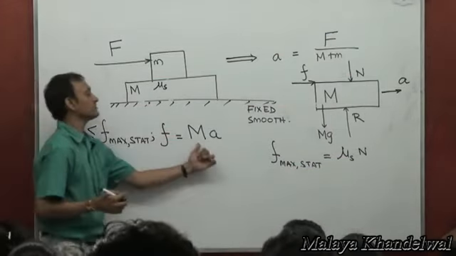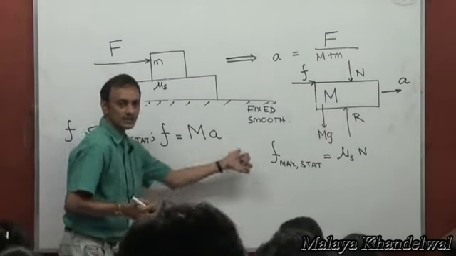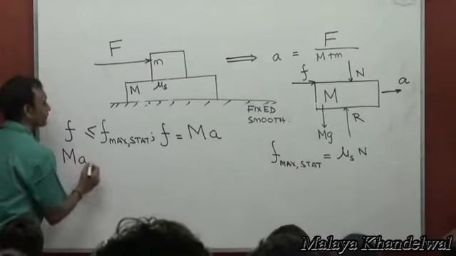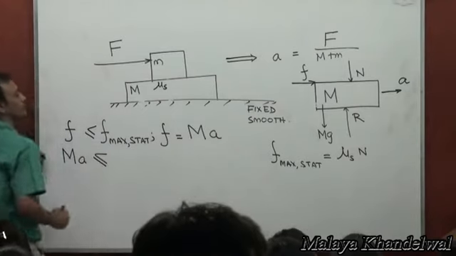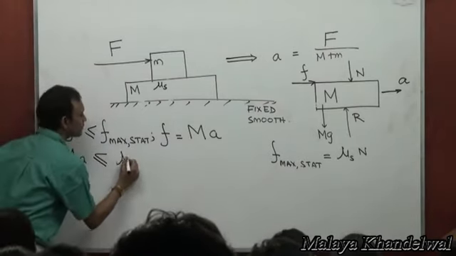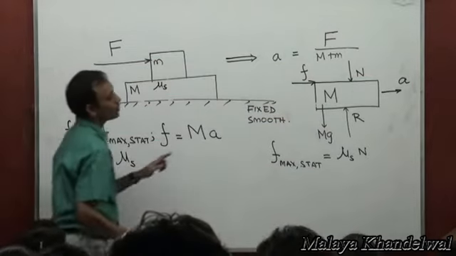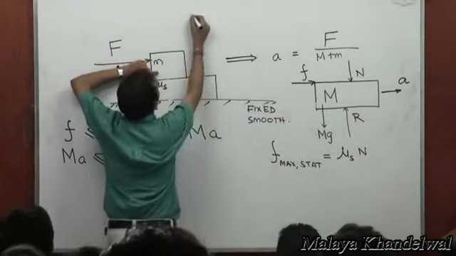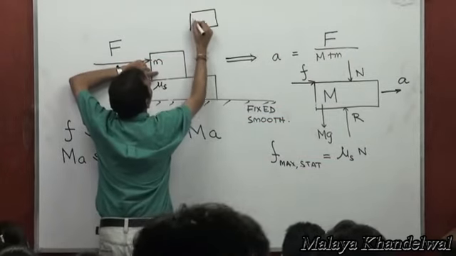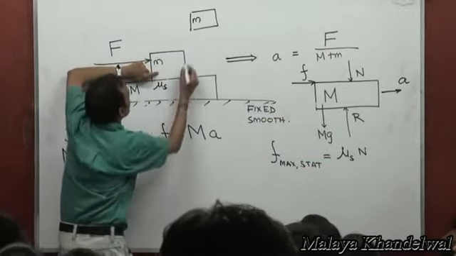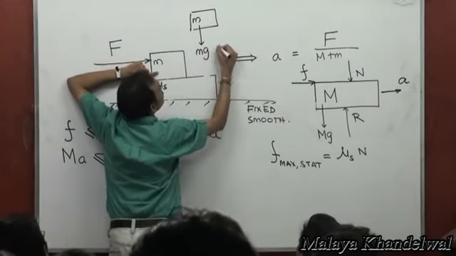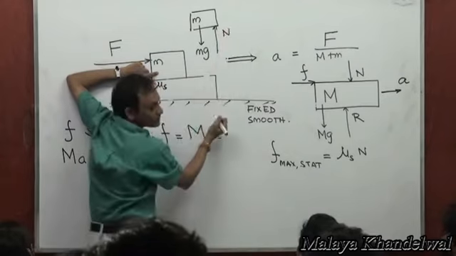What is F? F is capital M into A, less than or equal to maximum static, which is mu s into N. Now between small m and capital M, look at the free body diagram of small m. What are the forces acting on it? Mg downwards, and there is normal reaction N upwards.